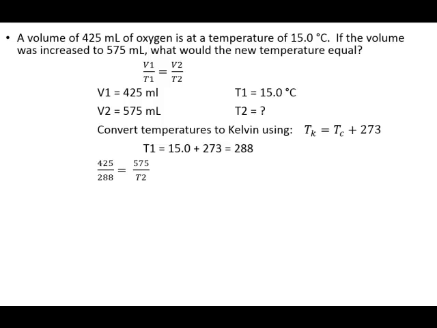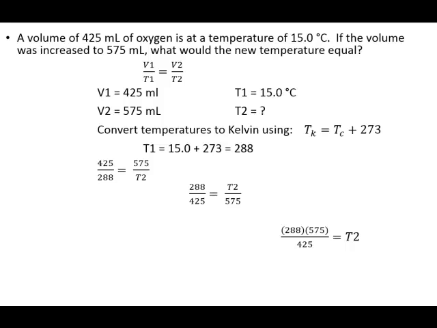I substitute into Charles's law, and I see I'm looking for T2, which is in the denominator. The easiest way to solve this is to take the reciprocal of both sides. In other words, flip both of those ratios to get this. Now, all I have to do is multiply both sides by 575. There I have it. So T2 equals this nice expression.